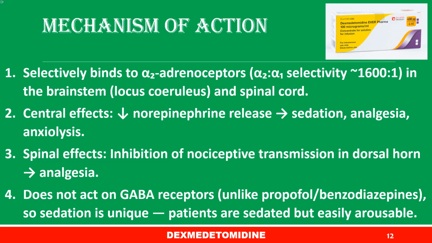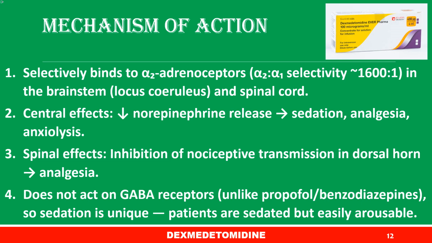2. Central effects. Reduces norepinephrine release, leading to sedation, analgesia, anxiolysis. In the brain, dexmedetomidine reduces norepinephrine, causing sedation, pain relief, and reduced anxiety. 3. Spinal effects. Inhibition of nociceptive transmission in the dorsal horn leading to analgesia.